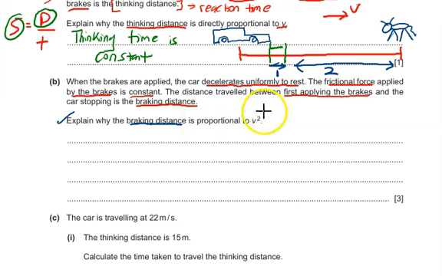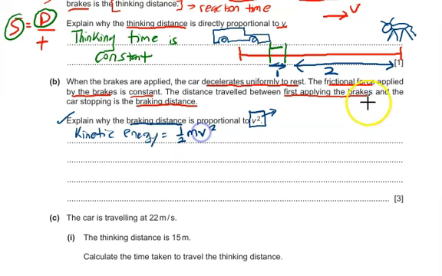Once you look at the v square here, we get a point that we can use the kinetic energy. The kinetic energy is given by the formula 1 over 2 mv square. At the same time, we can also use work done.